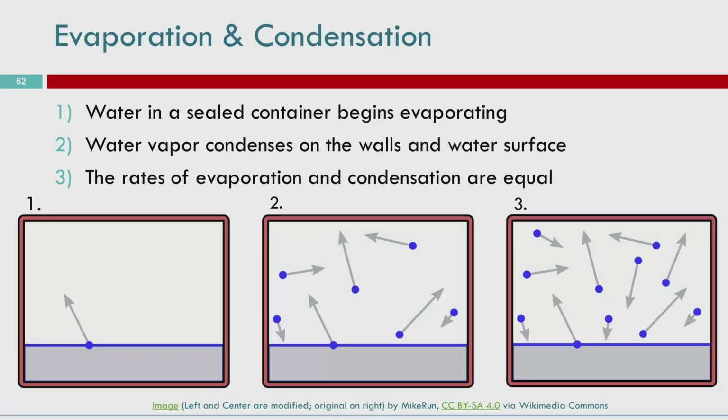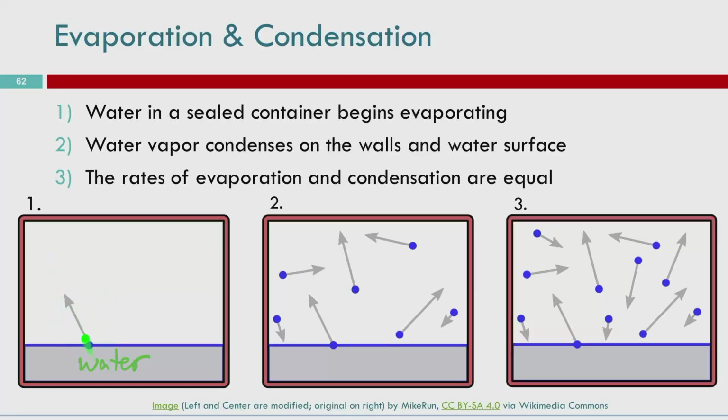So here we've got a play-by-play of what establishing dynamic equilibrium might look like. In frame one, we've got water in a sealed container, like a water bottle. All of our water is down here in the bottom, and we don't have all of the individuals drawn out.